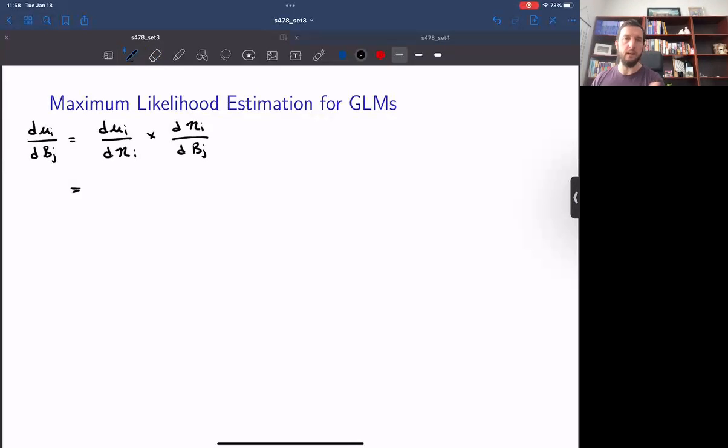And eta i is basically equal to that linear component. So this is going to give us d mu i by d eta i multiplied by xij. And so that's the derivative multiplied by xij.